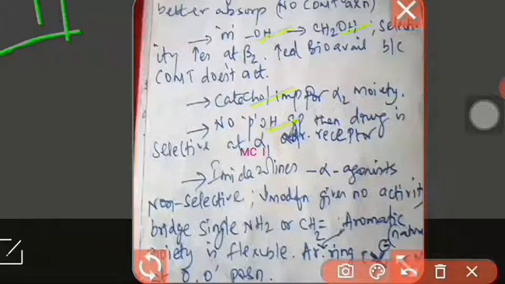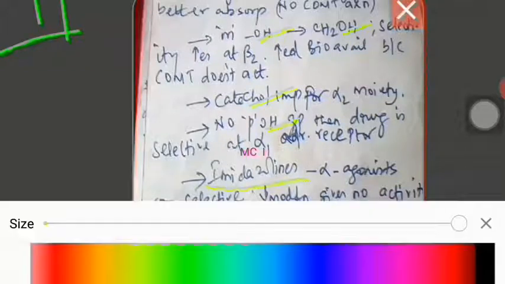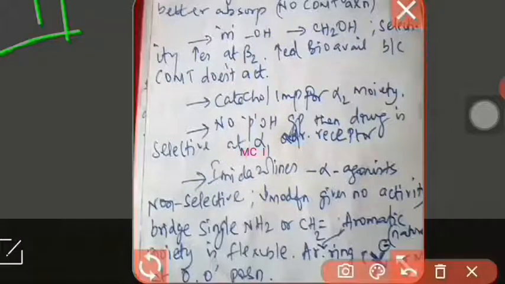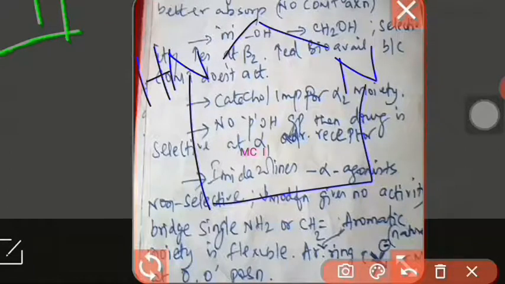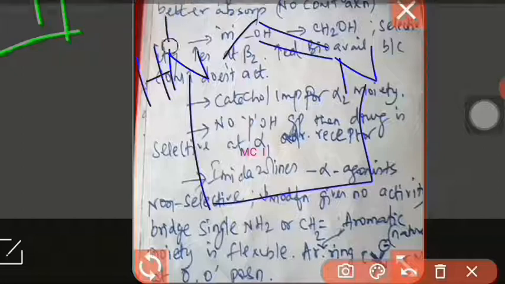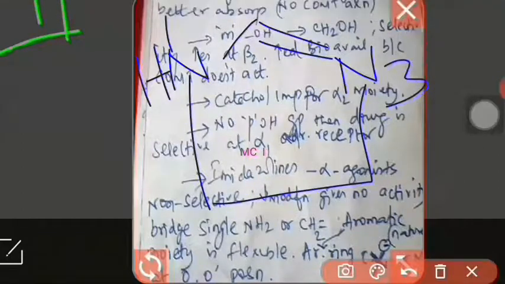Now with this we move on to the next class of compound, that is imidazoline. What is the structure of imidazoline? This is N, this is NH. So this is the first nitrogen, this is the third nitrogen, fourth and fifth. All our substitution will be at this second position.